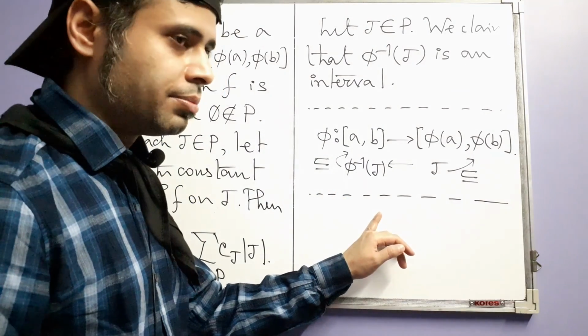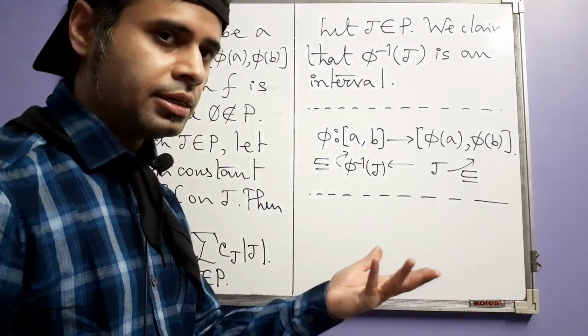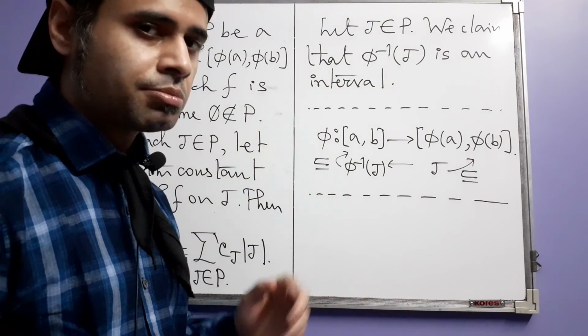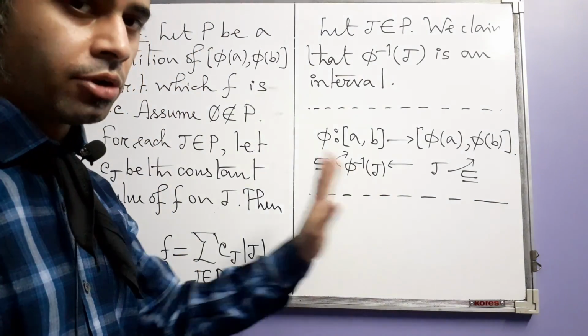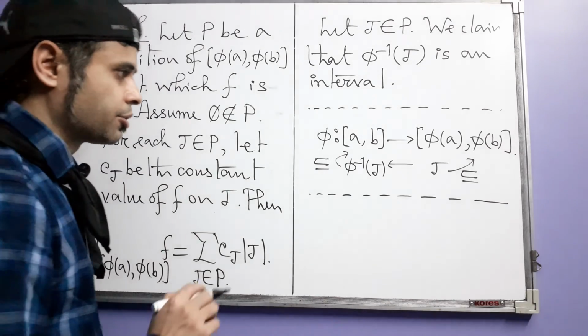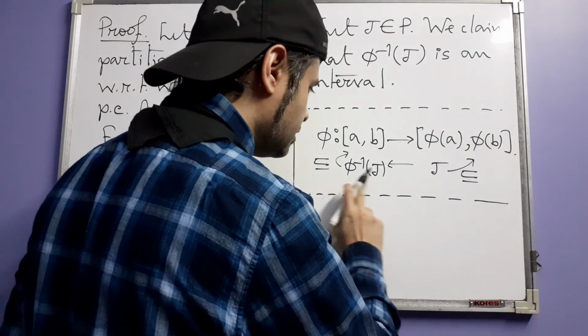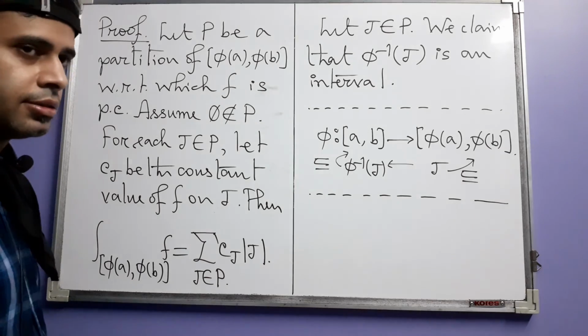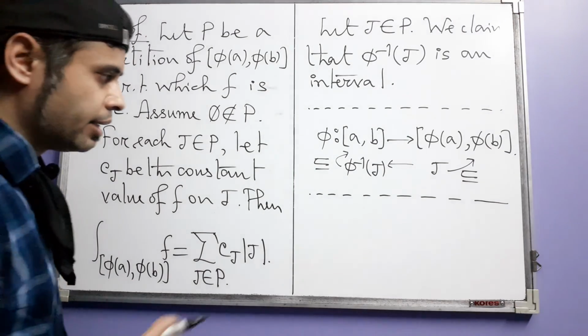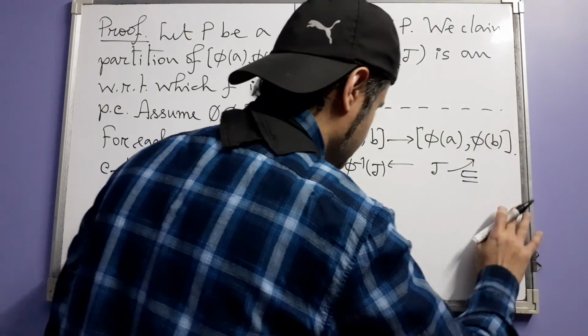Any connected non-empty set is an interval, and any interval is a connected non-empty set, provided we are talking about non-empty intervals. Okay, so now we want to show that this phi inverse of j is connected. And what shall we need to do that? Let me extend this a little bit.